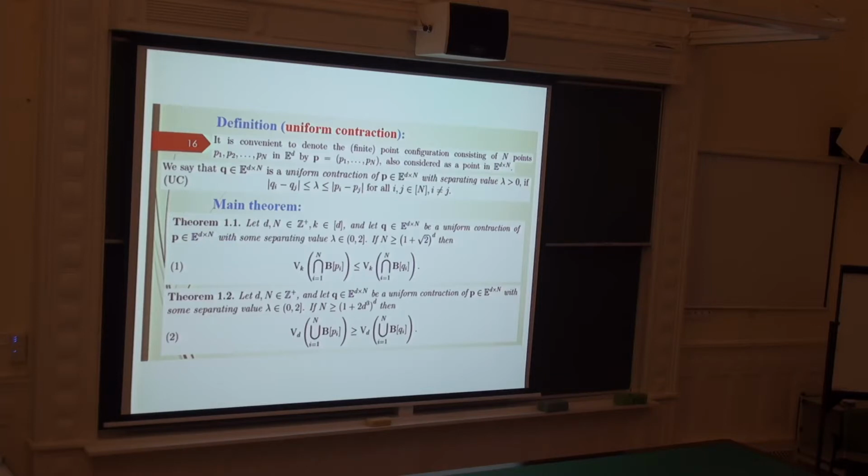So what I want to do here is to generate a result. I want to look at the case of intersection of congruent balls, contracting the center points in a uniform fashion. So I will look at uniform contractions in spaces of constant curvature. And we want to prove the Kneser-Poulsen conjecture for intersection of balls in spaces of constant curvature.